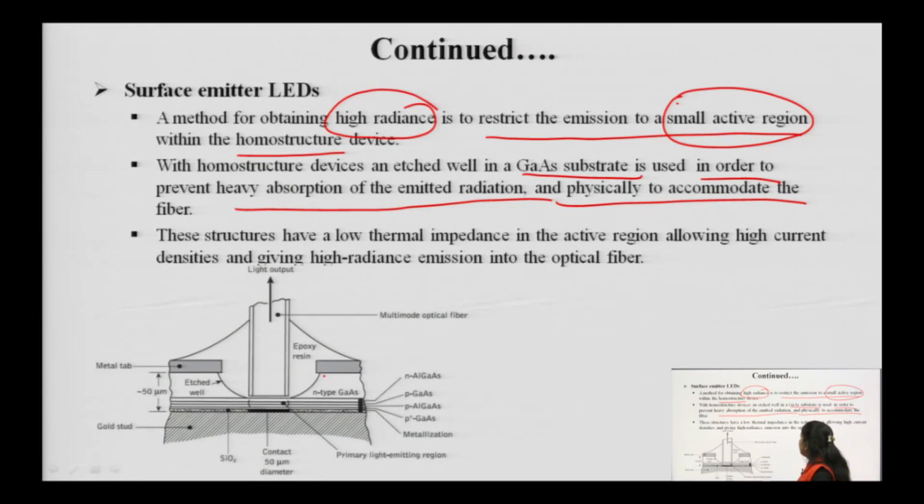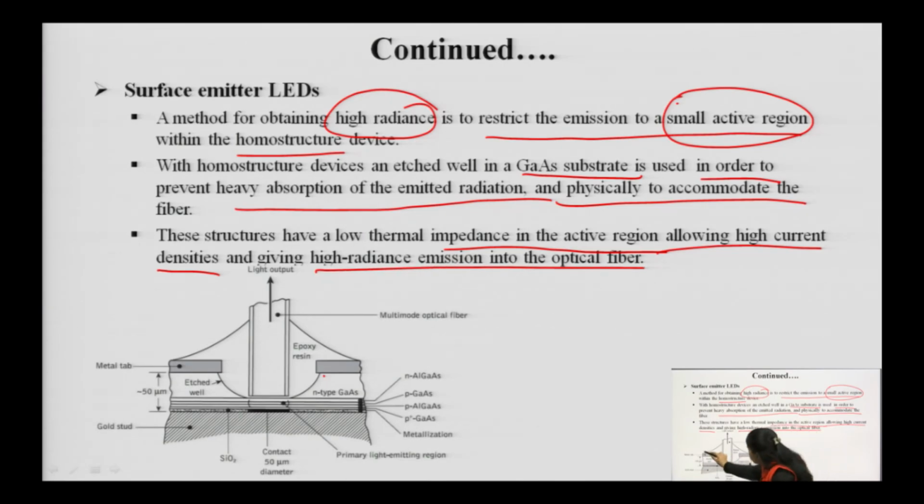This structure has low thermal impedance in the active region, allowing high current density and giving high radiance emission. So, instead of the complete structure, we are restricting the active region to this part only, and this will increase the current density. If we decrease the area, the current density of course increases, and this will lead to the high radiance emission, and the fiber gets coupled into this etched well.